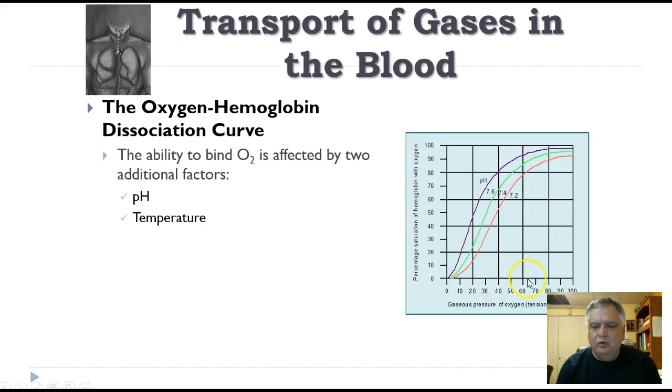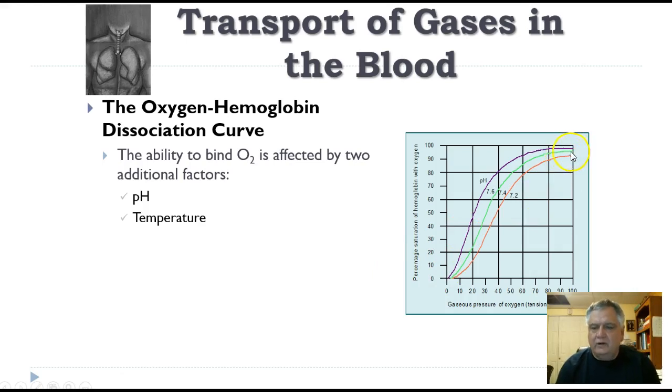But as we move to tissues that have lower amounts of oxygen in them, so there's a lower pressure of oxygen because the cells are consuming it, notice what happens, that the hemoglobin saturation starts to drop off. And so we get this kind of S-shaped curve as we take a look at it.